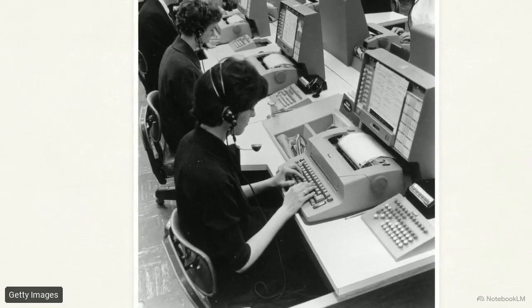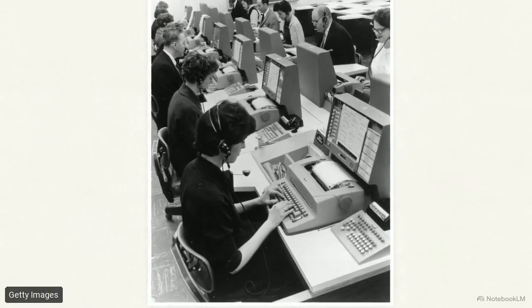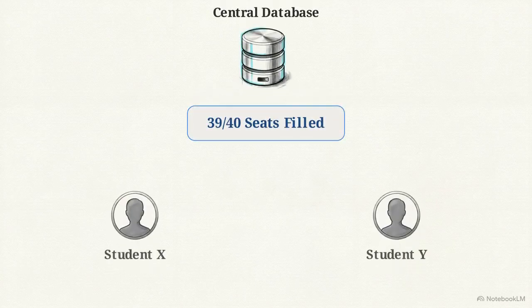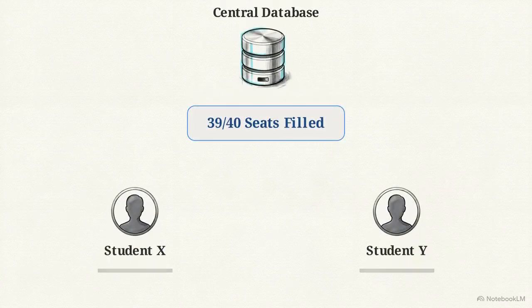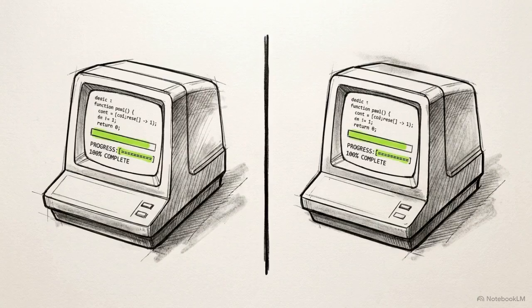When thousands of users interact with the exact same data simultaneously, anomalous behavior is inevitable. We can see this in a university registration stress test. Imagine a course is nearing its enrollment limit, and two students attempt to register for the very last seat at the exact same millisecond. Two separate background processes fire simultaneously. Both read the current enrollment count as 39, completely unaware of the other's intent.